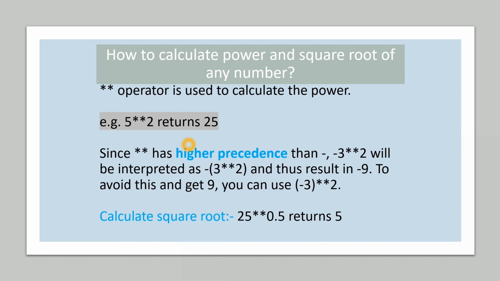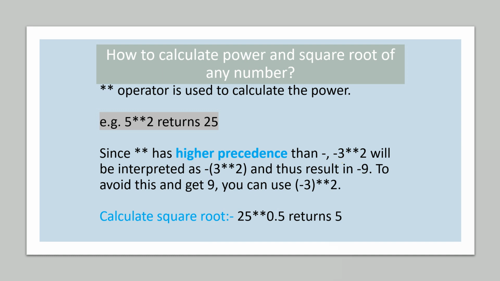For the square root of any number, you need to pass that number and double star to the power 0.5, because 0.5 means square root, then it returns 5. Here one scenario is like if you write -3 star star 2, it returns -9, because here star star has higher precedence than the minus.